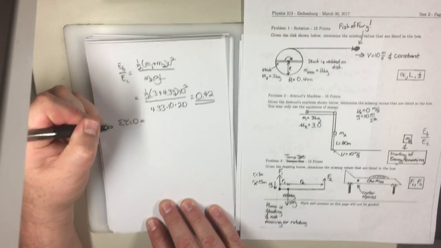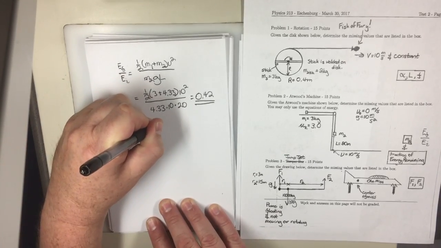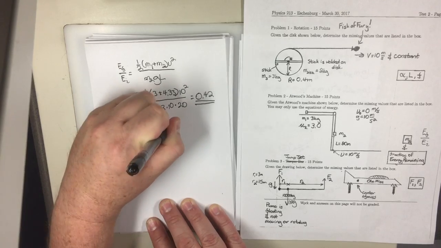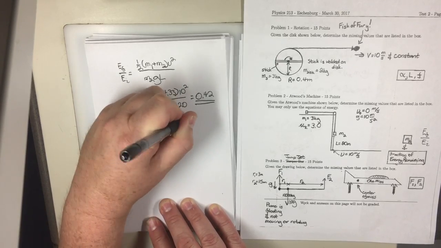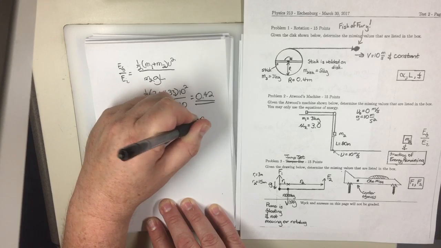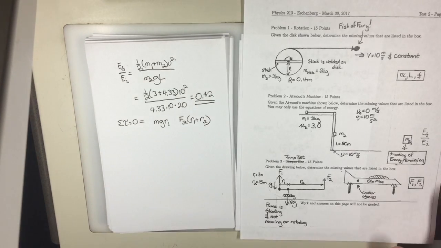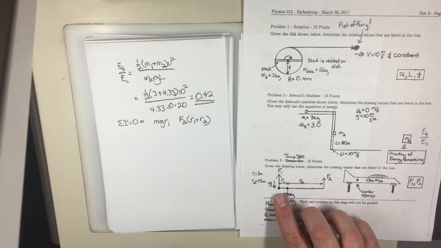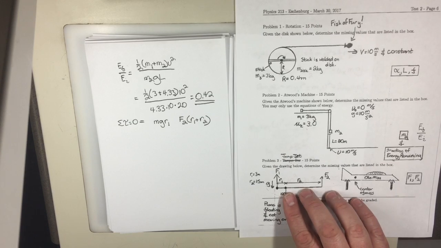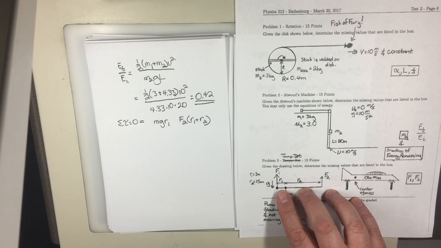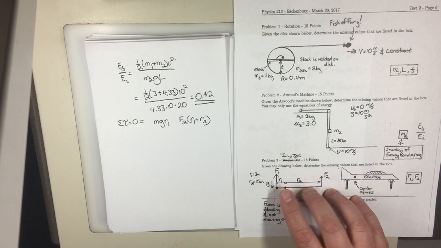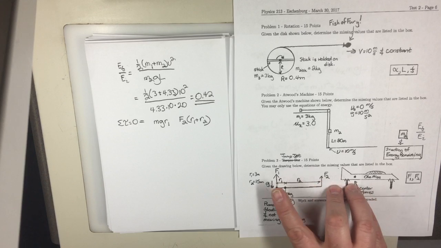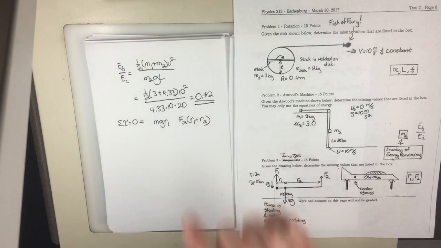This gives me two torques, mgR1 and F2 (R1 plus R2). The distance from the plane's mass to the rotation point, which is at F1, is R1, and the distance from F2 to F1 is R1 plus R2.